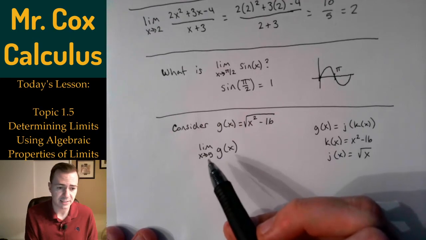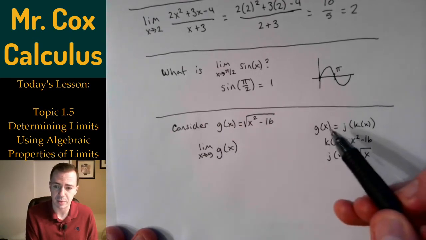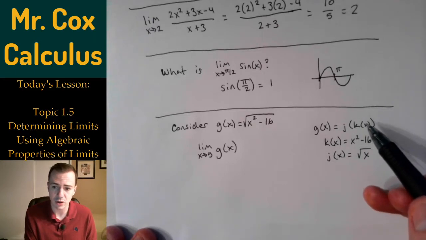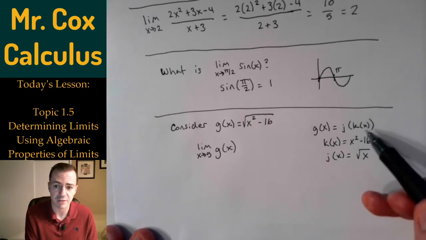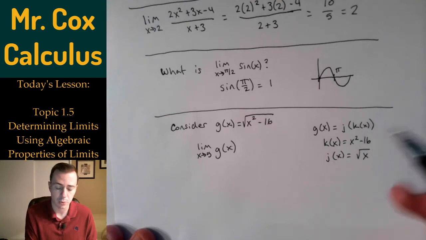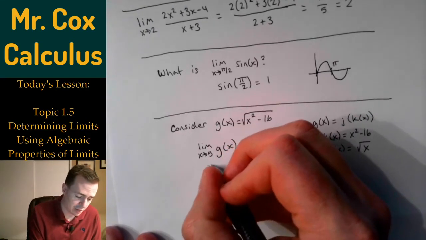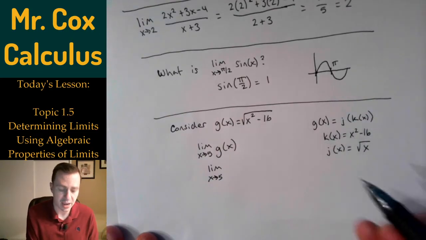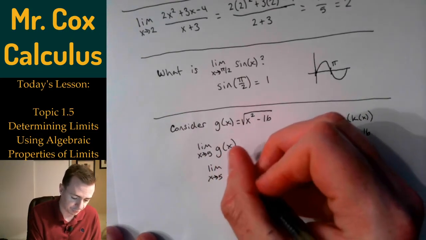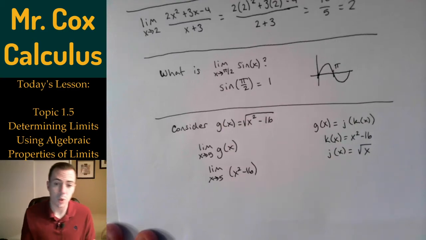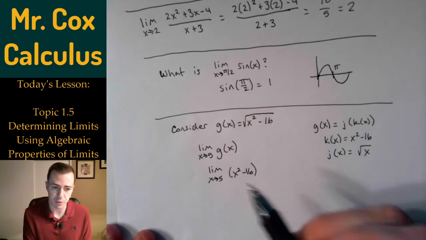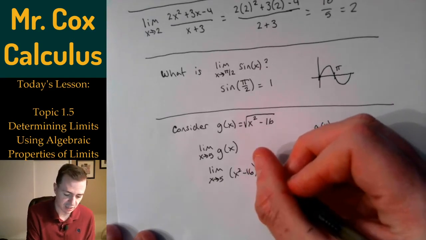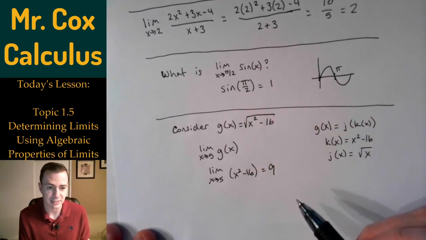If I think of g of x as this composition, I can look at the limit as x approaches 5 of my inner function k of x, which is x squared minus 16. That's a well-behaved function, so I can use direct substitution. Plug in 5, you get 25 minus 16. This particular limit is 9.